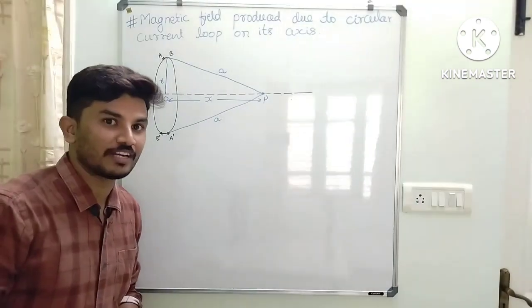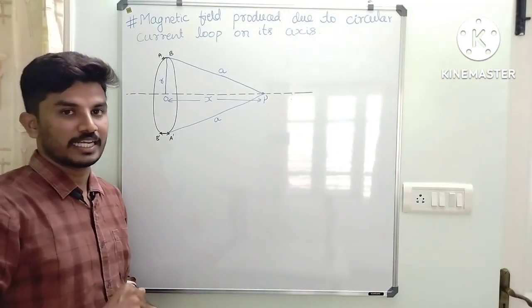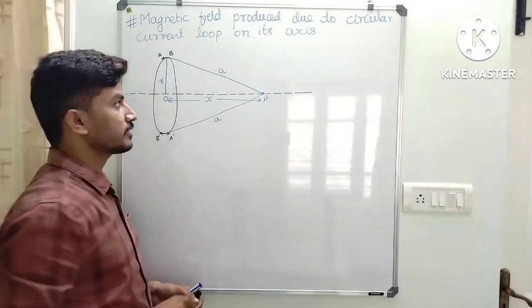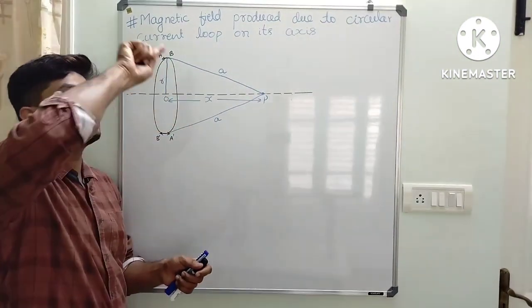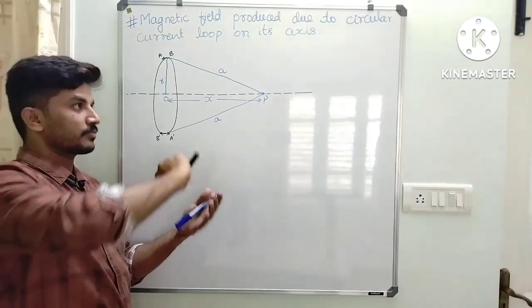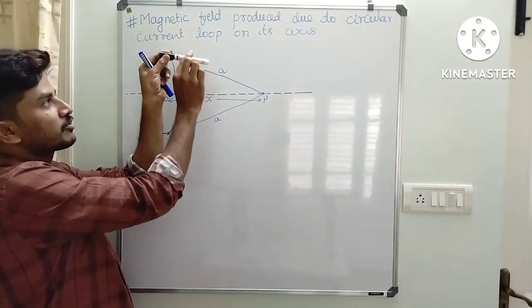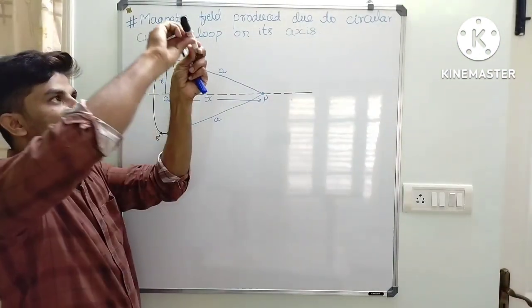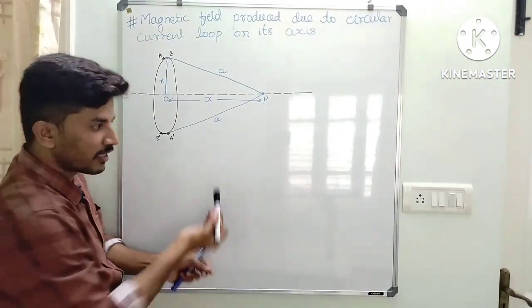What is the direction of magnetic field? Let me write the direction of magnetic field at this particular point. Since the coil is like this, AB is not like this actually. The AB is like this. The coil is surrounded like this.